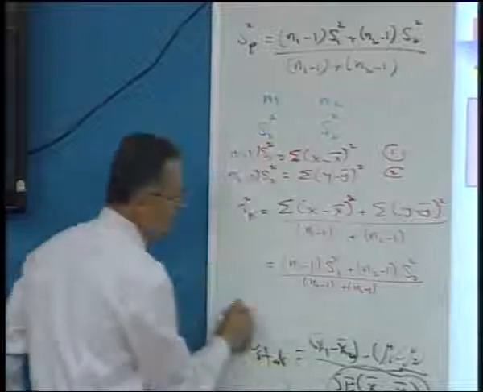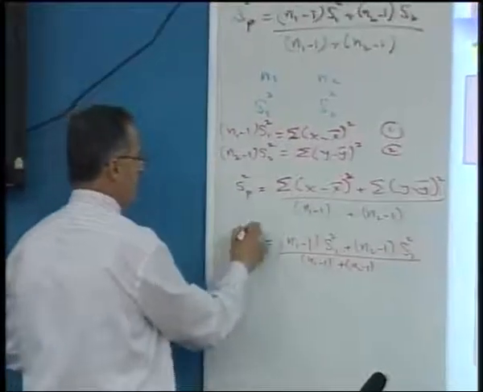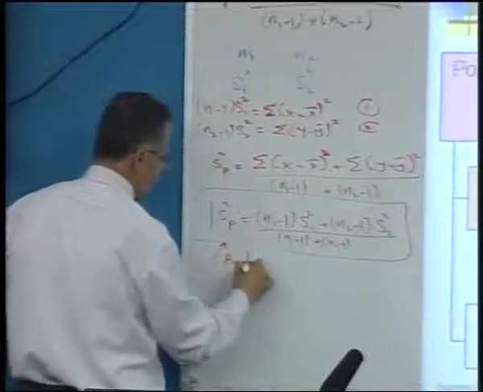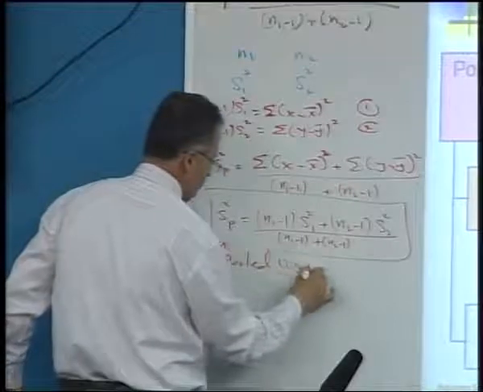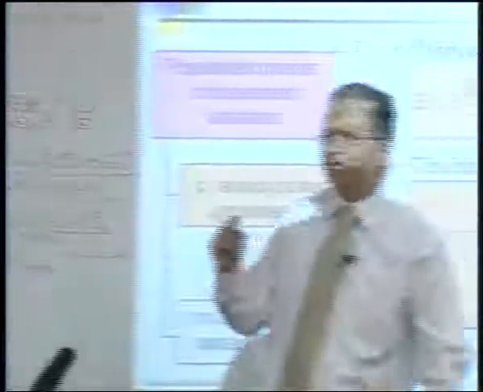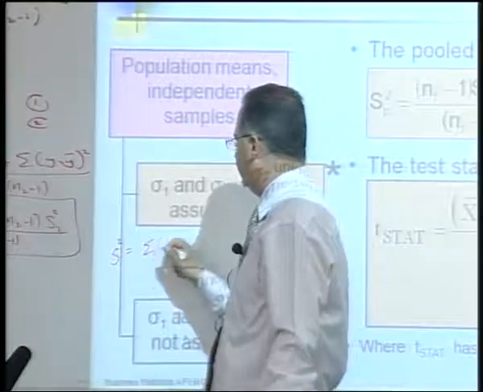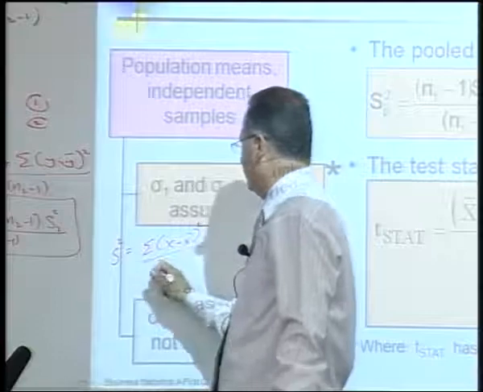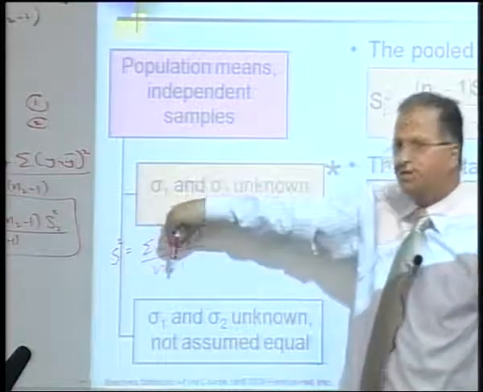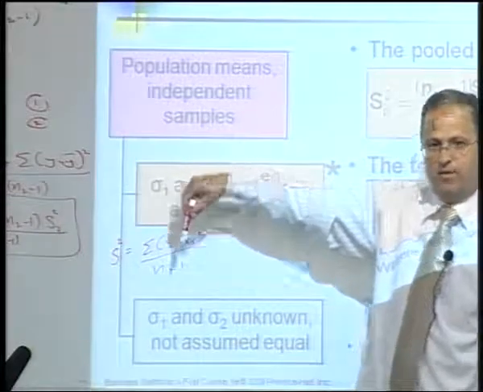So s squared p is called the pooled variance. Because, as we mentioned in chapter 3, the definition of the variance is the average of the squared differences around the mean.